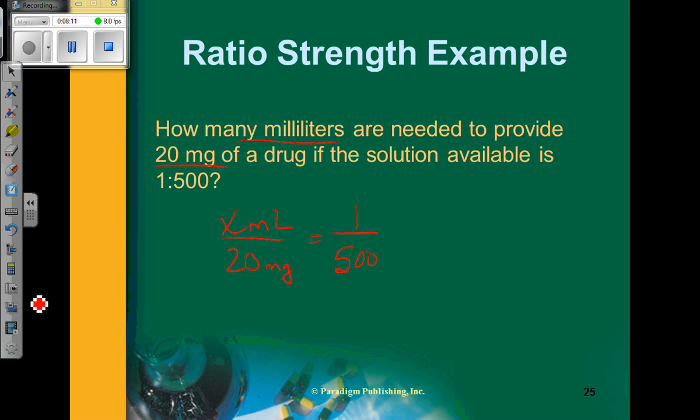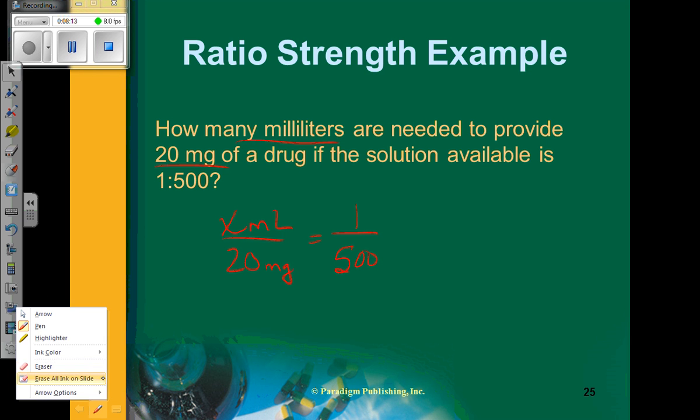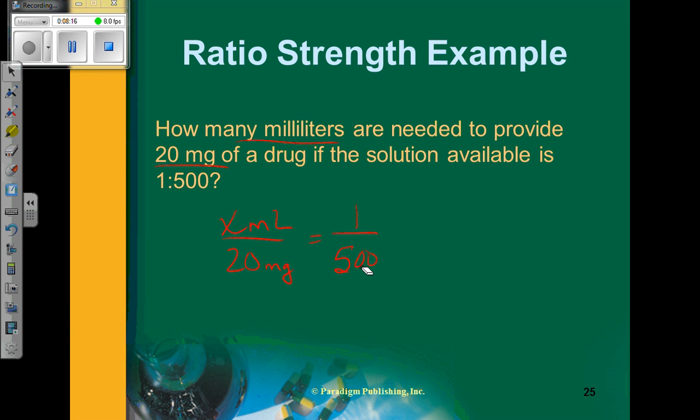Oops, let me erase. You put 1 to 500. Remember, 1 means grams, so I have to correct myself there. Grams, weights goes on the bottom, so 1 is always in grams. And then, of course, 500 milliliters.